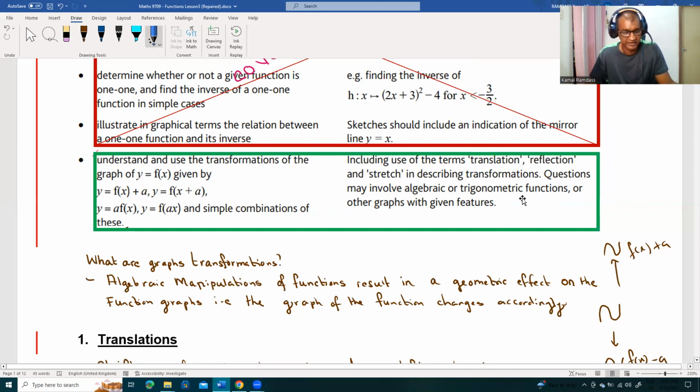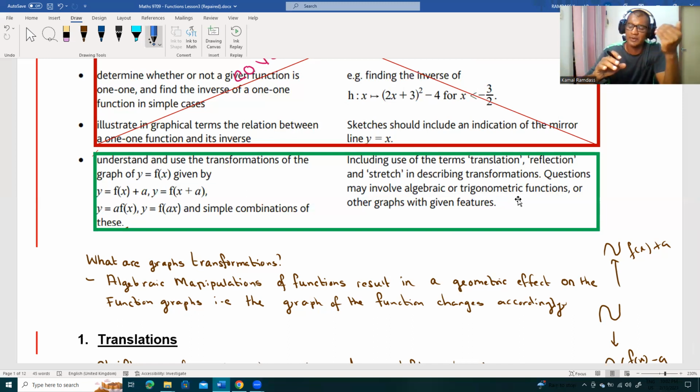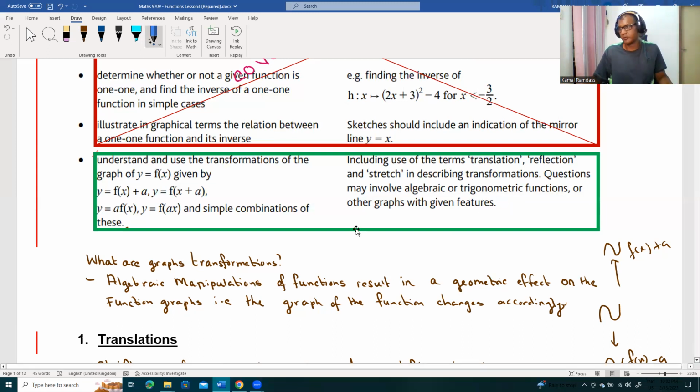Si je ne connais pas, parce qu'il y en a plusieurs qui viennent faire A-level mathematics sans faire additional maths, qui ne m'ont pas encouragé à faire comme ça. Mais aussi, il y a des enfants qui font AS level, et AS level, c'est pure mathematics 1. Ça veut dire, malgré que je ne peux pas faire additional mathematics, je peux faire ça papier 1 là. Et bon, par la suite, prenant trigonometric function, etc.